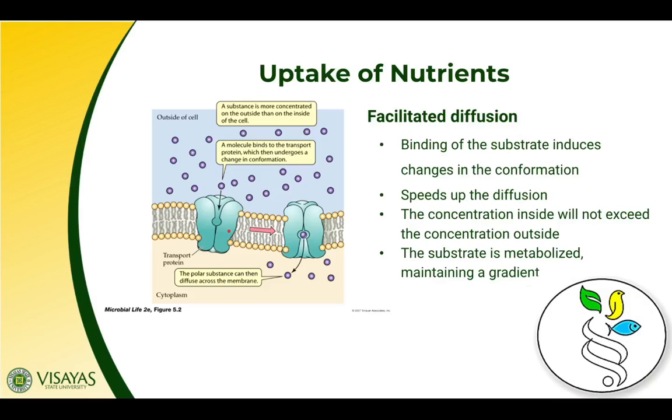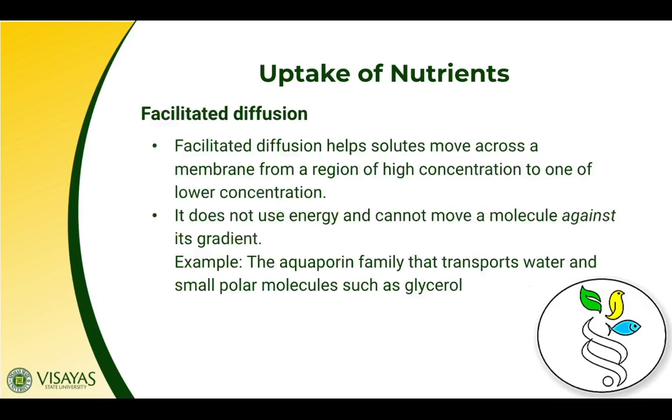It helps solutes move across the membrane from a region of high concentration to one of lower concentration. It does not use energy and cannot move a molecule against its gradient. This is an example of a substance that is transported across the plasma membrane of certain bacteria through facilitated diffusion.